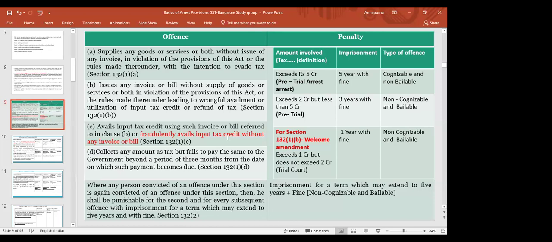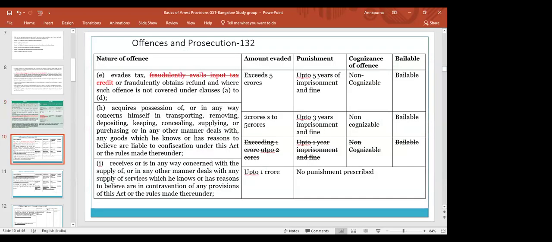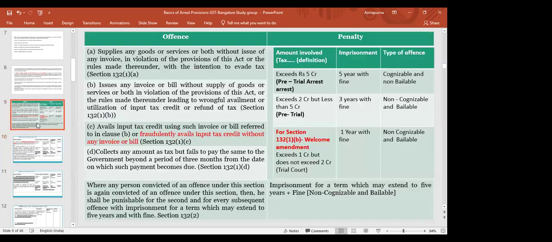So fraudulently availing input tax credit was earlier under this, evades tax or fraudulently avails input tax credit. Now they brought it under this. My issue here was, while I was trying to read this, why they brought it under this, because anyway there is an intention to evade the taxes there. So it covers availing input tax credit using such invoice or bill, which is referred to under clause B, and fraudulently availing ITC without any invoice or bill.